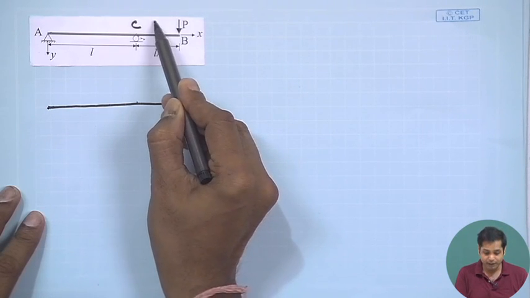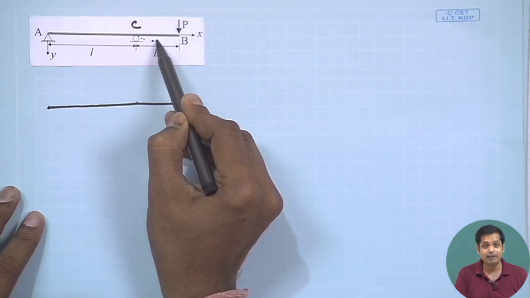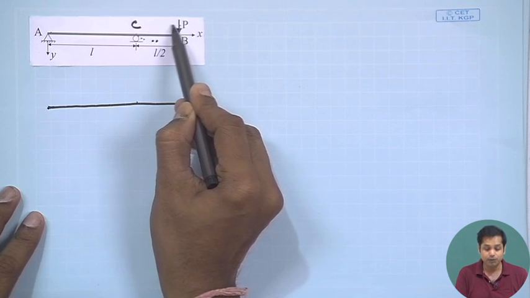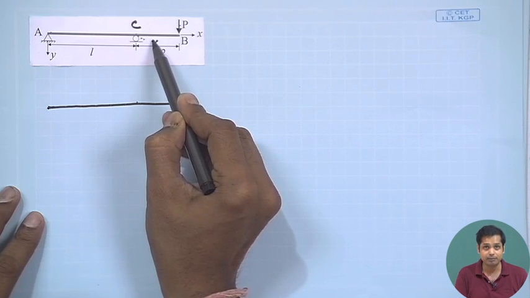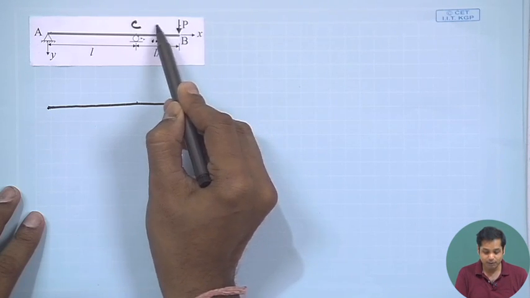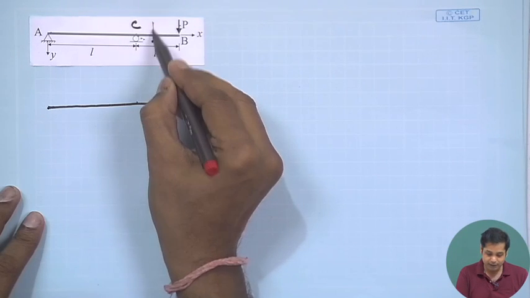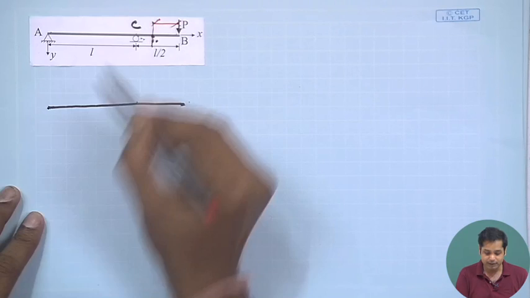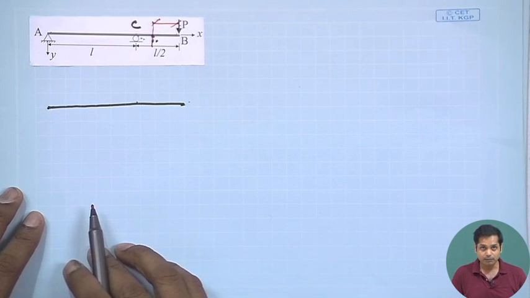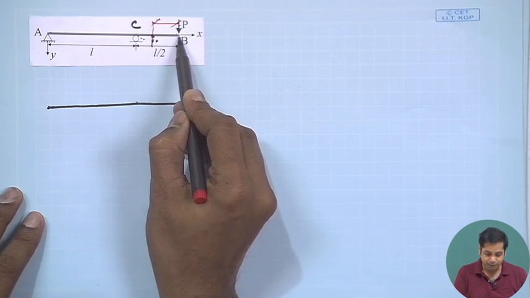If you take any section, the bending moment at this section will be due to this force P multiplied by this distance, so the bending moment varies linearly between B and C.